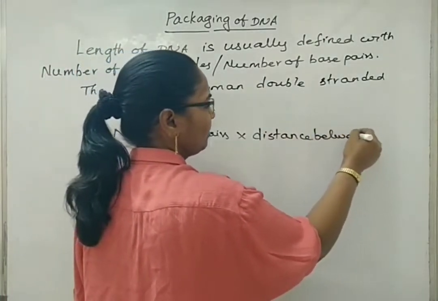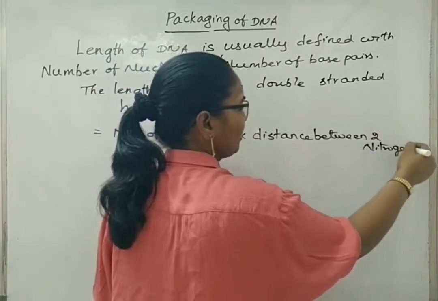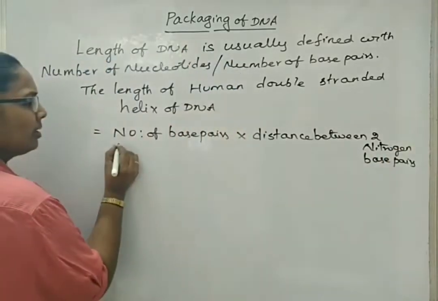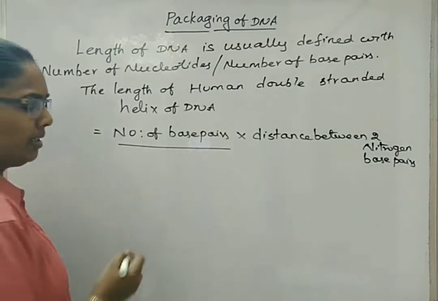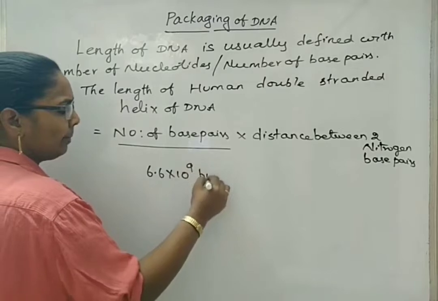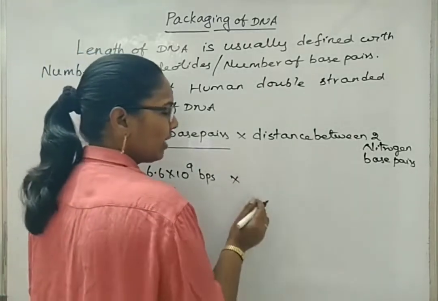The number of base pairs in a diploid human cell is 6.6 into 10 power 9 base pairs, into the distance between two nitrogen base pairs.